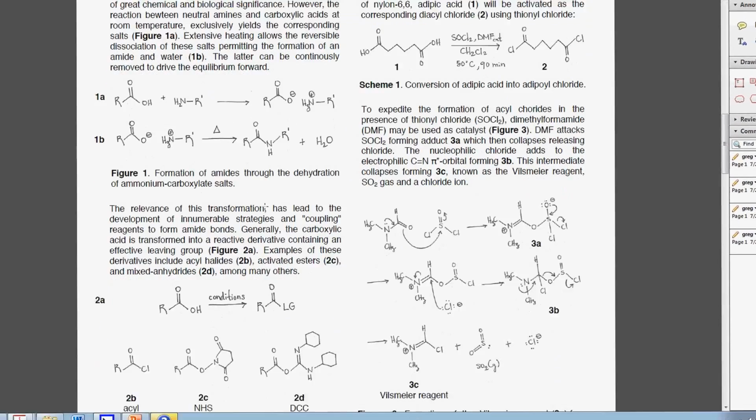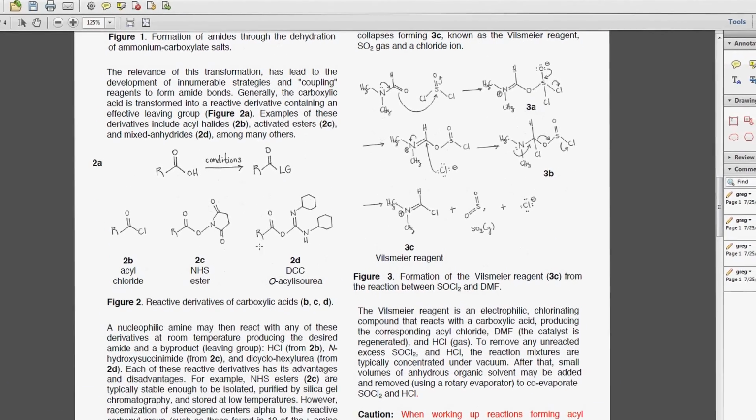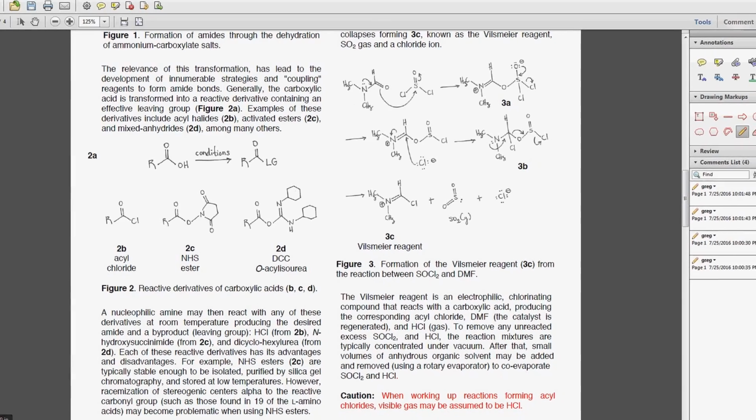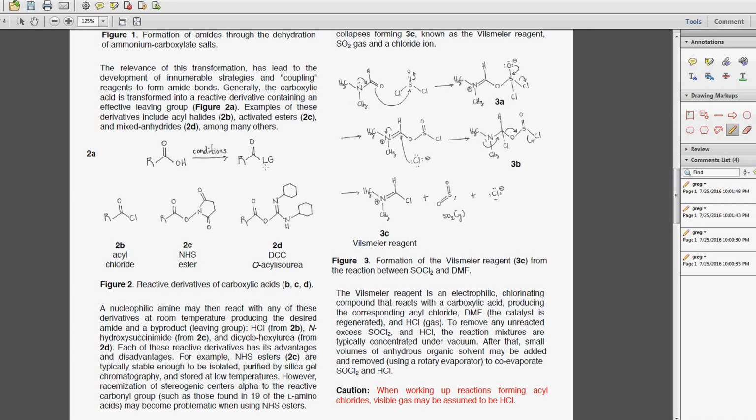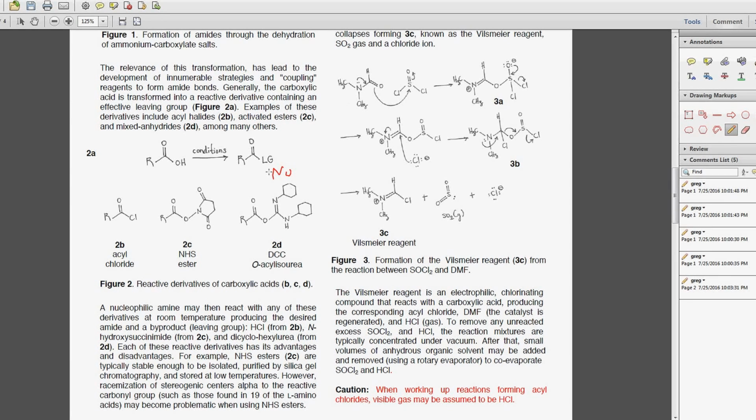Typically, what is done if you are looking to form an amide bond is that you first activate the carboxylic acid such that you generate a good, strong leaving group here. And then once you form that leaving group, you can have your nucleophile come in.